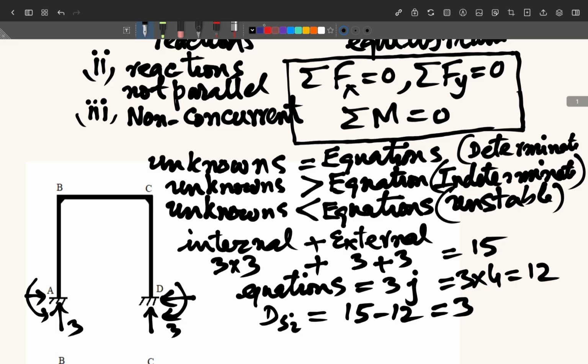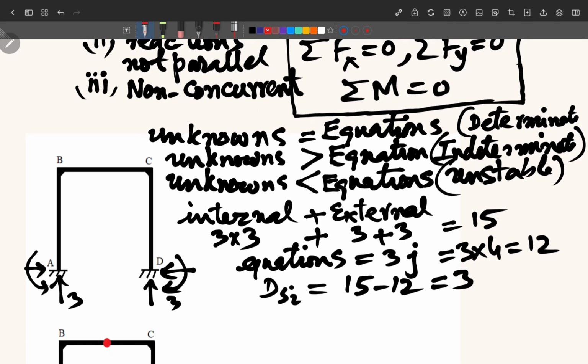Here we can also develop a formula for that, and we can say that the degree of static indeterminacy can be written as equal to 3m plus r minus 3j minus c. And these are the same things as we have discussed here.